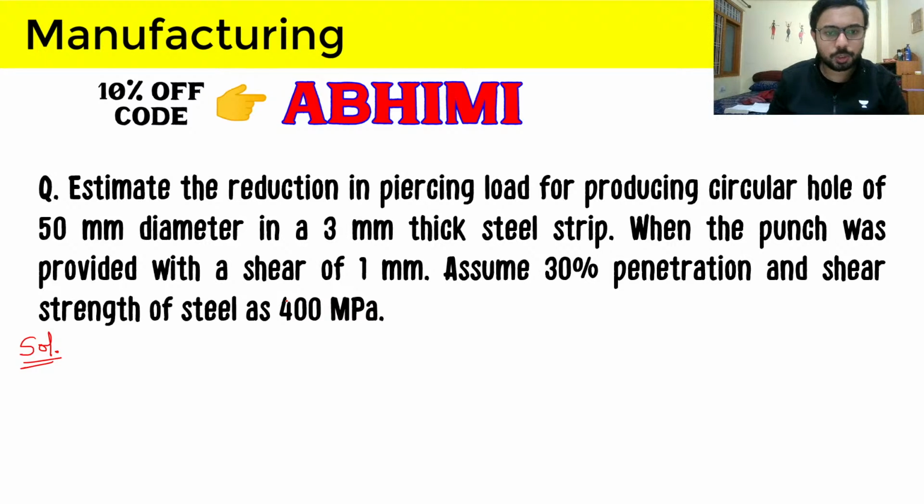If the punch is provided with a shear, then there will be reduced load, because now the area over which the load is given will be greater due to that shear.